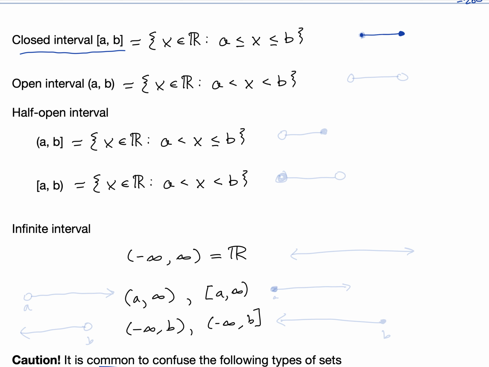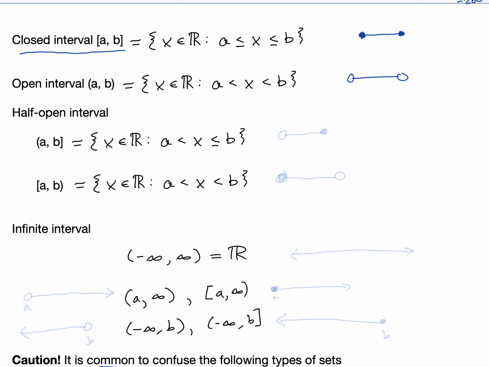If you were graphing those points, closed interval means the endpoints are included, so those are filled in dots. The open interval AB is very similar, except it does not include the endpoints, so x in the real numbers, such that a is less than x, which is less than b. If you were graphing that, you would leave the endpoints open, not filled in.